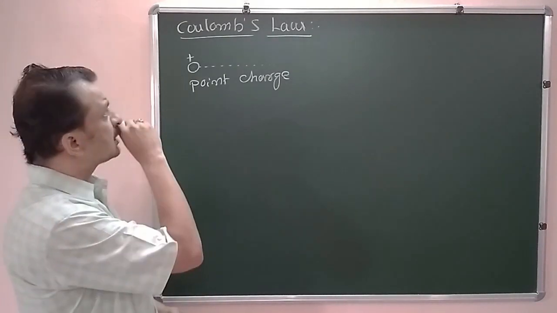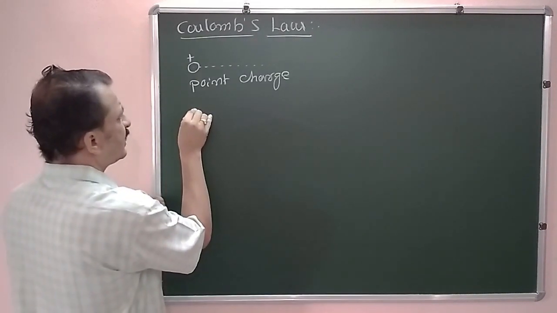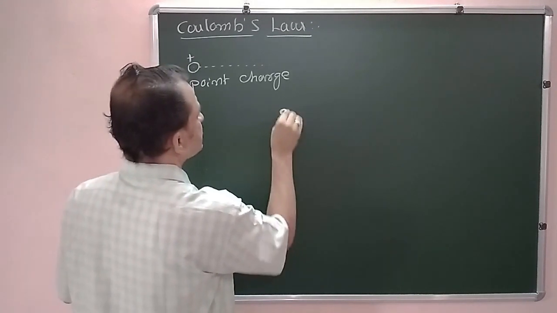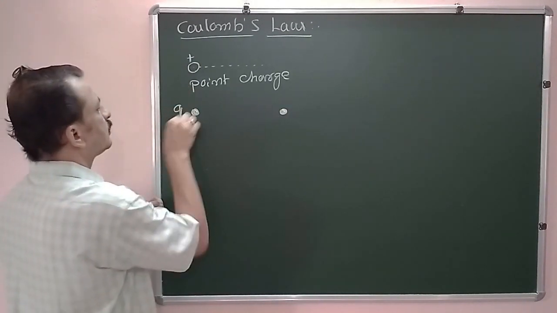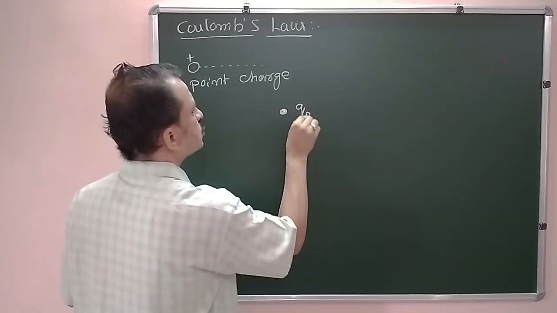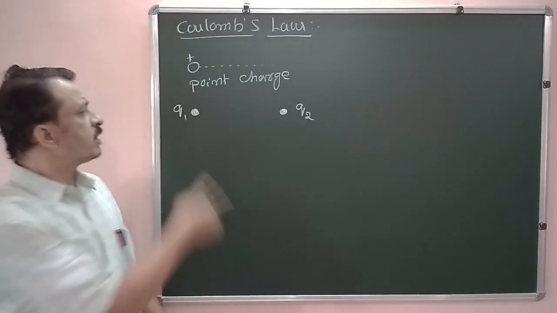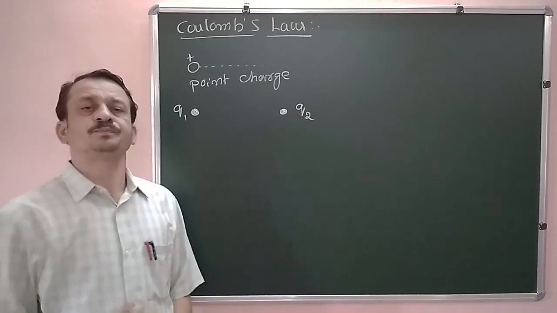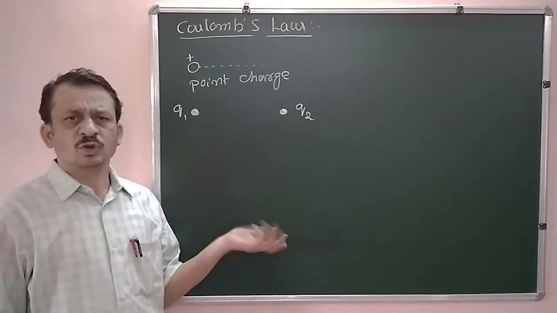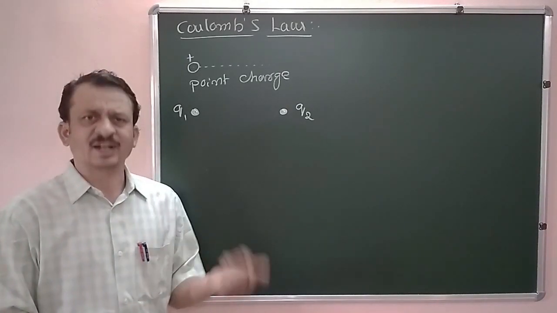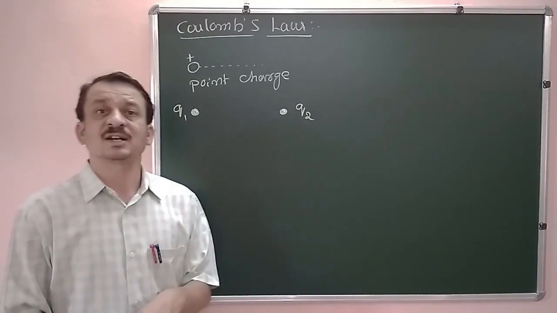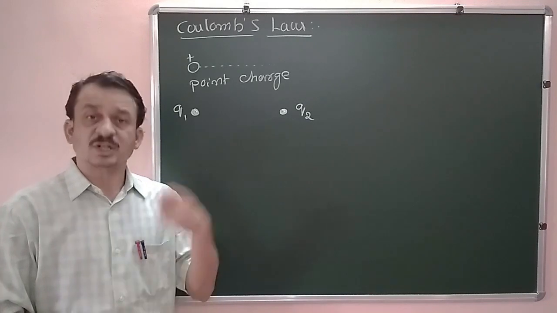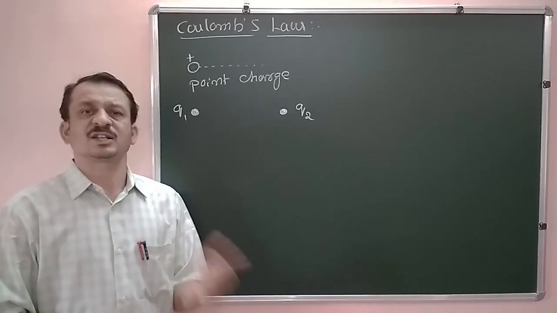Now Coulomb's law takes 2 charges. Here is some charge Q1 and here is another charge Q2. Now we are going to have an electrostatic force between them. That force is either attractive if the 2 charges are unlike charges, or repulsive if the 2 charges are like charges.